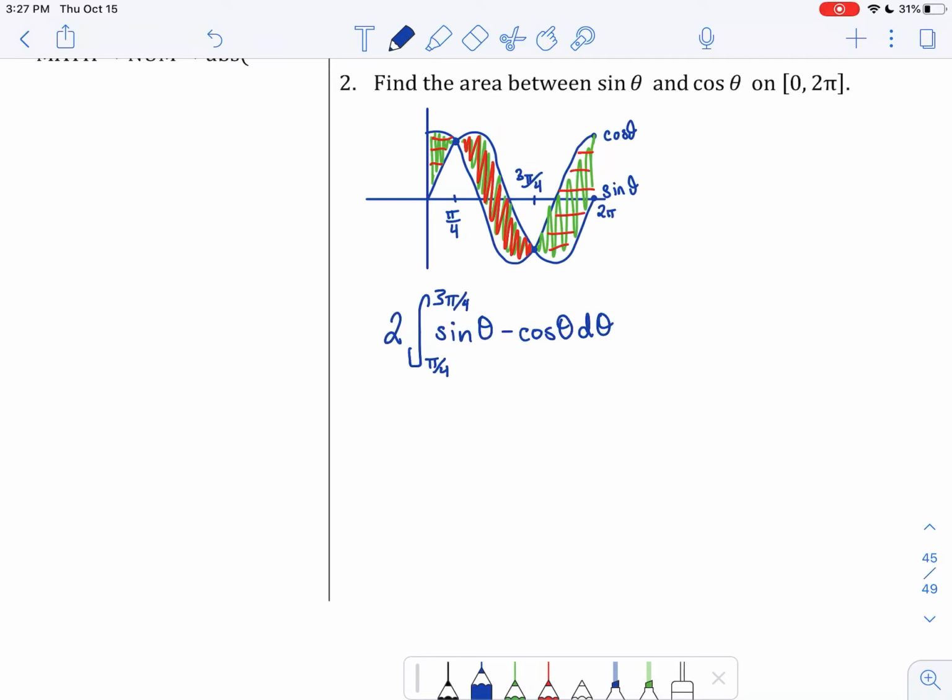So often sketching it out like this is going to be very helpful. Then we're going to integrate it.